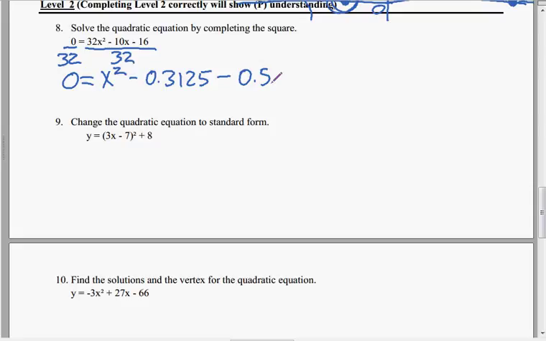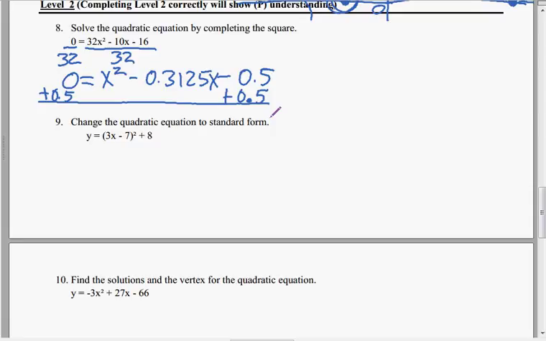Sorry, I forgot my x in the x term. 10x divided by 32 is 0.3125x minus 0.5. I'm going to complete the square, so I have to add 0.5 to both sides. I'm trying to build a perfect square.